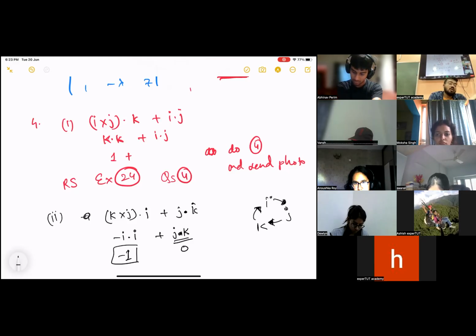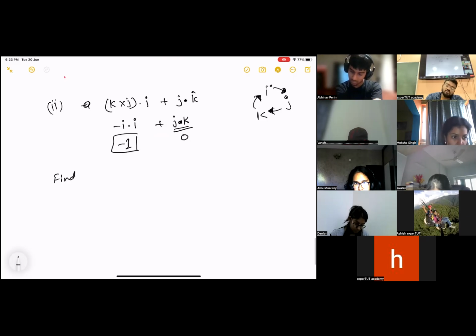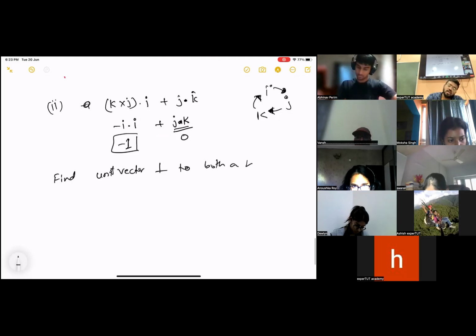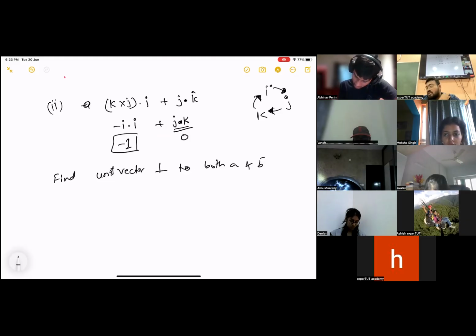Next is: find unit vector perpendicular to both A and B. Write first, any vector perpendicular to both A and B is given by A cross B. And to get the unit vector, you divide by its magnitude.